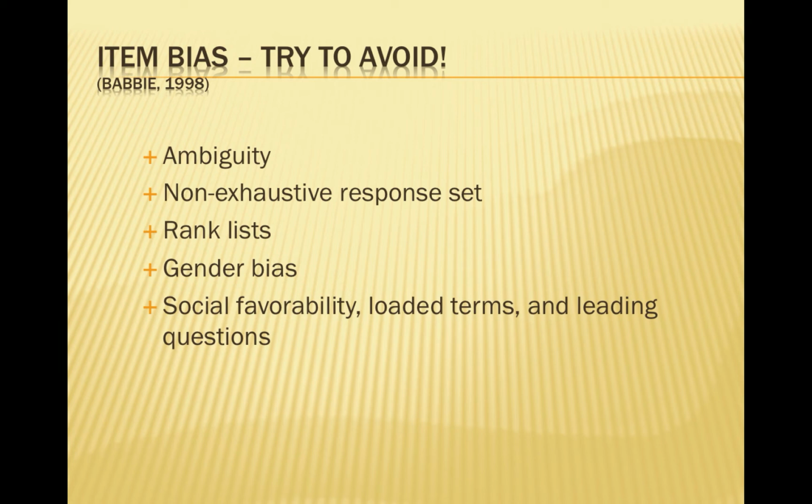Gender bias. This is important when you're writing your survey questions, especially in today's society. I'm sure that you're familiar with the Caitlyn Jenner issue that's hot in our society right now. Transgender individuals: oftentimes you want to be careful how you write items so that you don't alienate anyone, including transgender individuals.